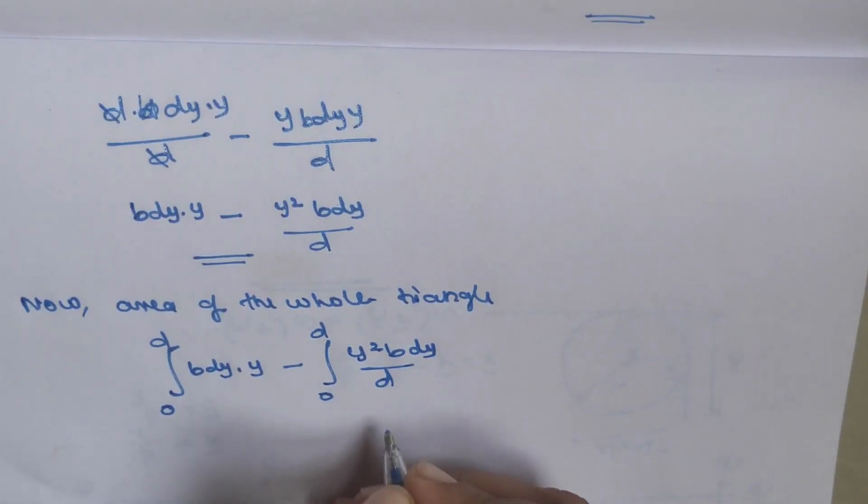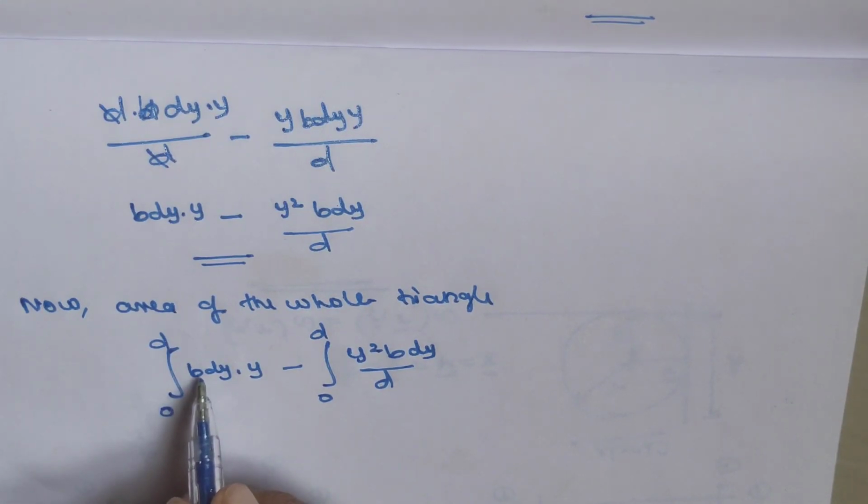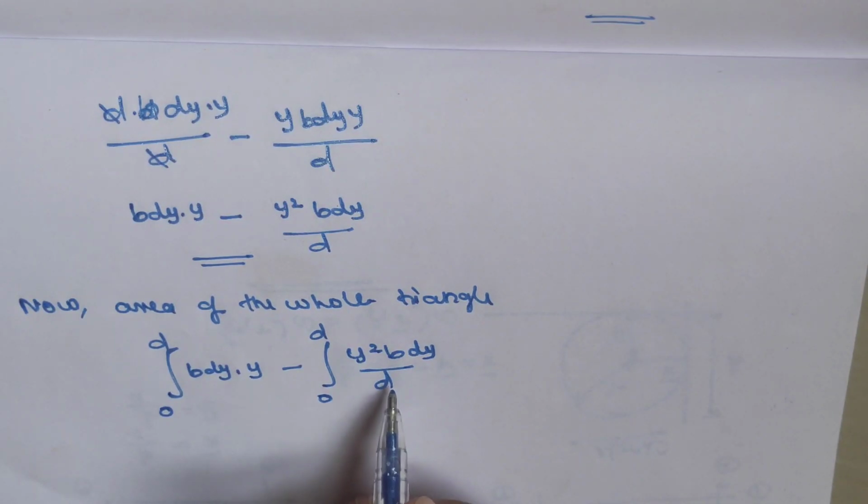Here we can take b as constant for y dy, and b by d as constant for y square dy.